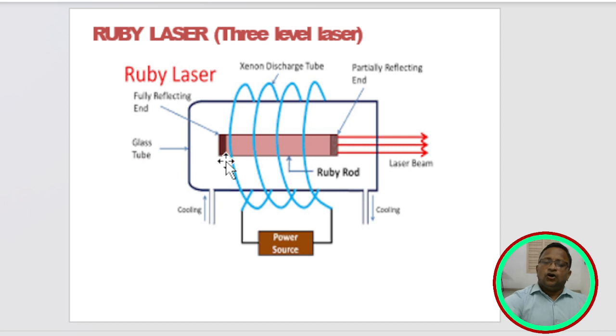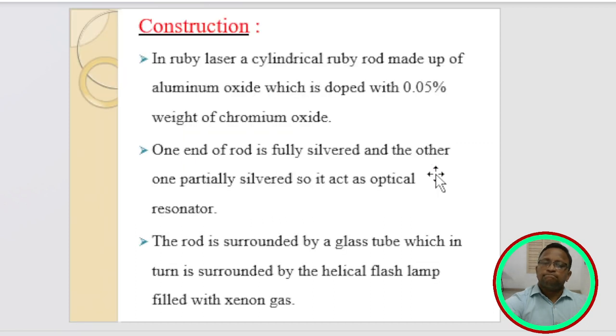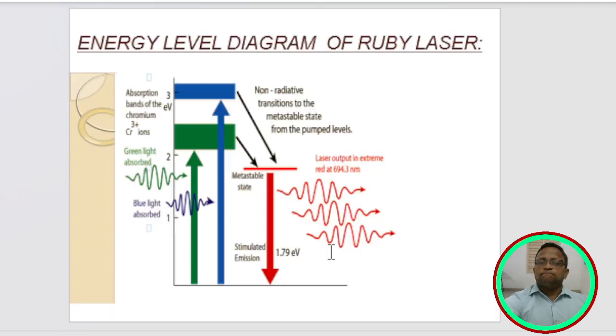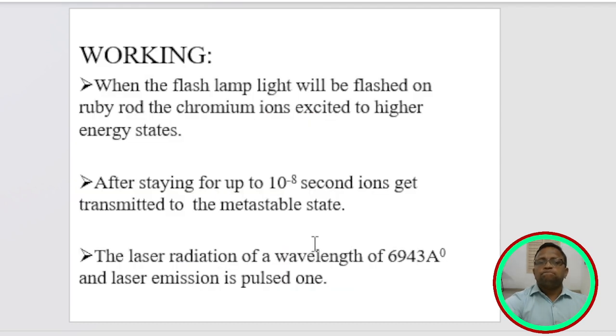Because at the other end, the fully reflecting surface, the laser light should not be emitted. All the light beams that are produced come only from the partially reflecting surface. So, we have already seen the construction and working of the ruby laser.